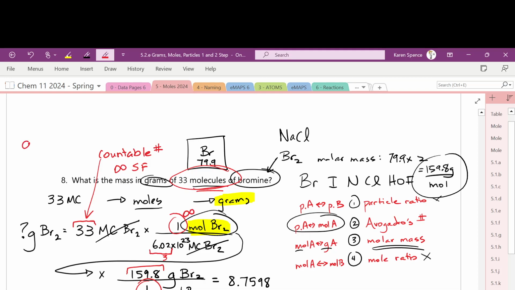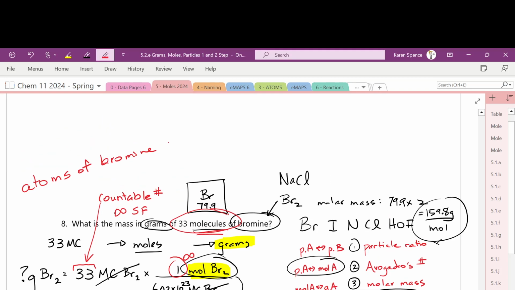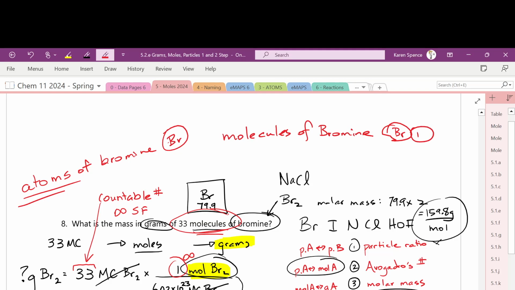If it said atoms of bromine, that would mean that we would have Br, just a single atom. But if we have molecules of bromine, that means it's Br2. Okay, cool, good question.